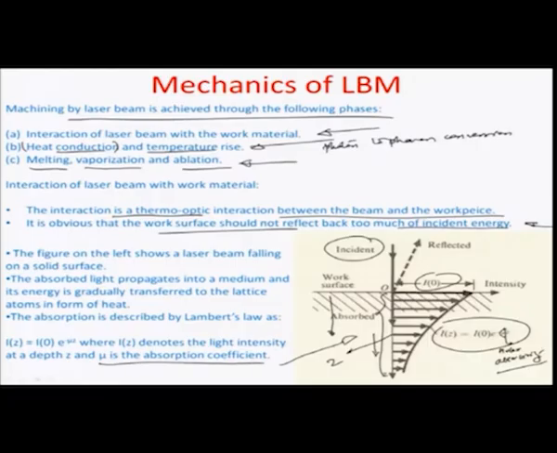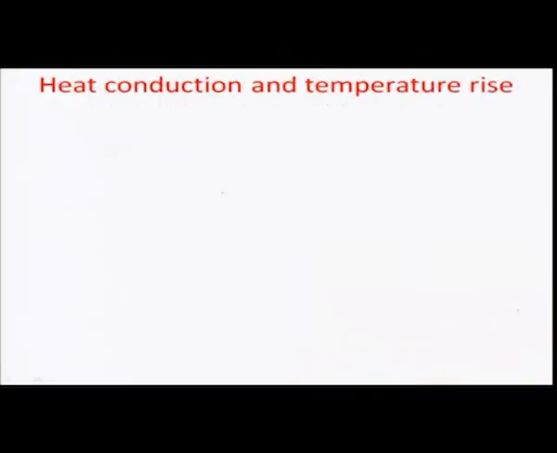So the absorbed energy propagates into the medium, and the energy is gradually transferred to the lattice in form of heat and vibrations, and that is what the Beer-Lambert's law says about absorption and how the energy is dissipated within the medium. Let us look at a heat conduction equation and try to predict the effective temperature rise based on this theory.